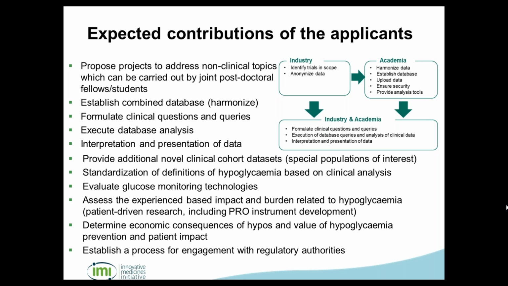First of all, regarding the non-clinical research, we'd like you as the academic group to come up with topics that would address the objectives we have in looking at the mechanisms of hypoglycemia, and these projects would then be mostly carried out by joint postdoctoral fellows, students, etc. So we're really looking forward to seeing what kind of project ideas you have in this area.